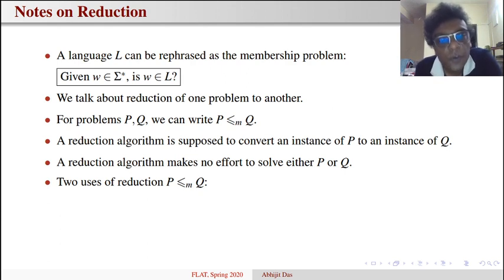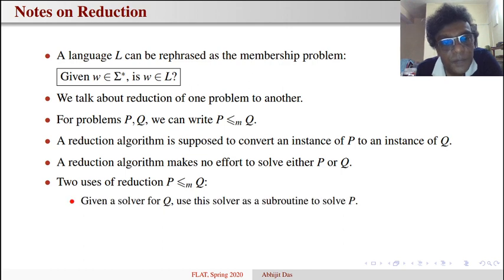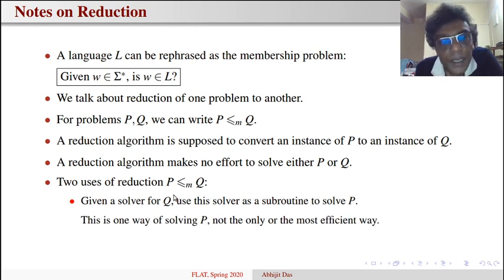Now reduction can be used for a couple of purposes. First, if we can solve Q, then we can use this solver for Q as a subroutine to solve P in tandem with this reduction algorithm. In other words, if Q is solvable, then P is also solvable. Okay. But one thing you must remember, that this gives one way of solving P, and that way need not be the only way to solve P or the most efficient way to solve P, as the joke also illustrates.